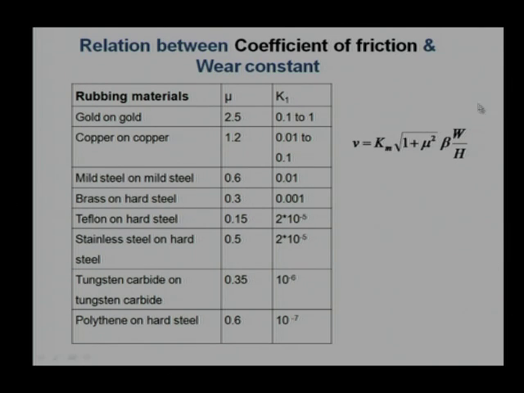However, Rowe has given some relation. We say that wear volume per unit sliding distance can be represented in this relation. Here, it is directly proportional to W and inversely proportional to hardness, which has been accepted as it is, as Archard did. However, instead of wear constant K1, here it has been written as Km square root of 1 plus mu square, where mu is the coefficient of friction, and there is a beta as a fraction.